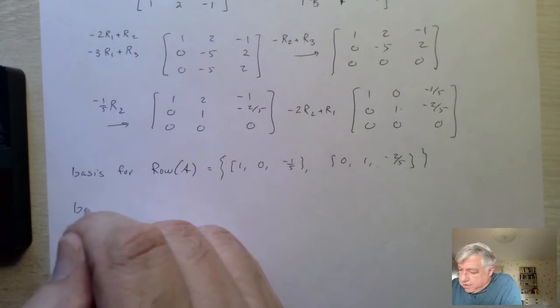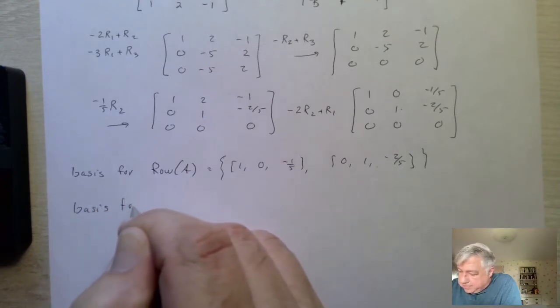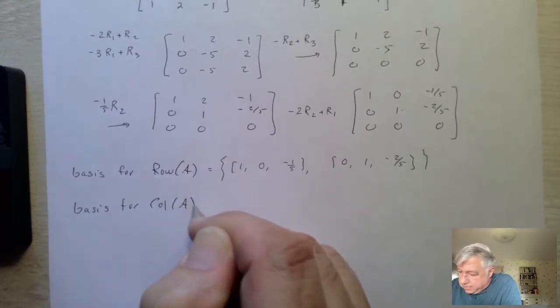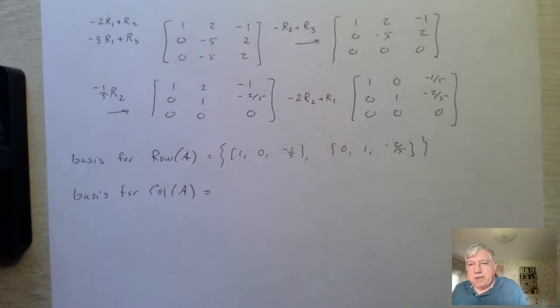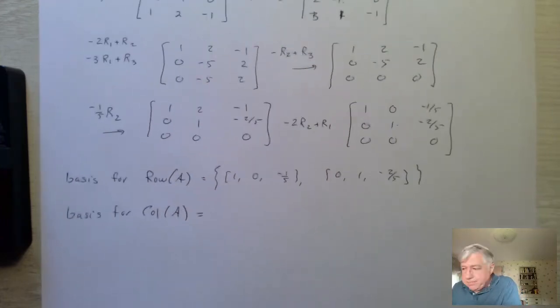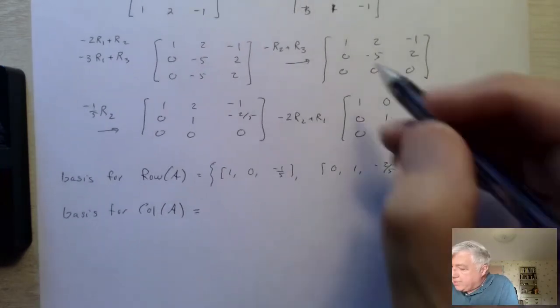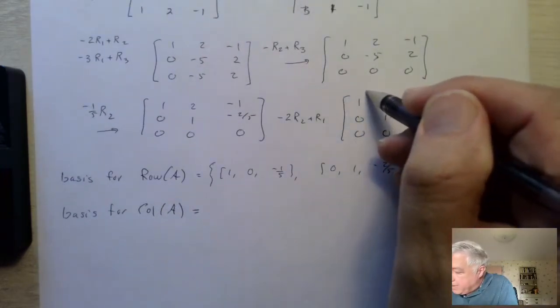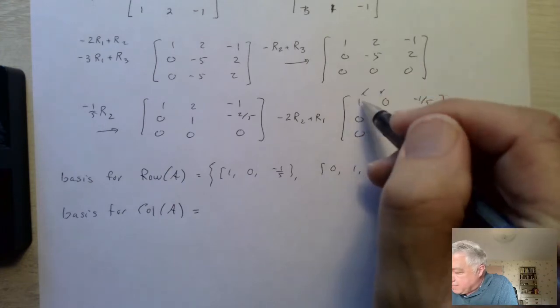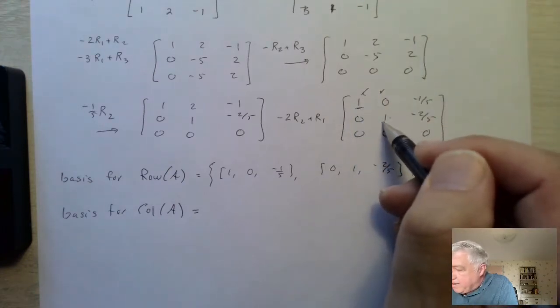Basis for the column space of A, what will that be? Okay, so in this case, we can see the pivot columns are right here, right? These two are the pivot columns because we have a pivot here and a pivot here.